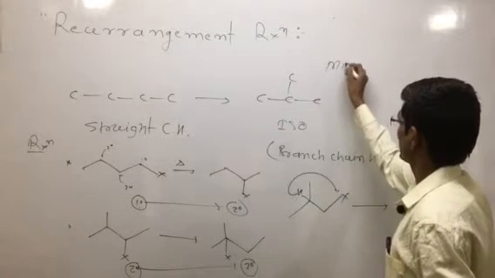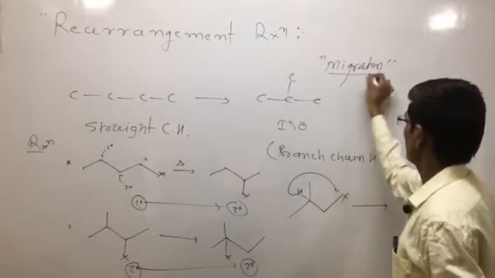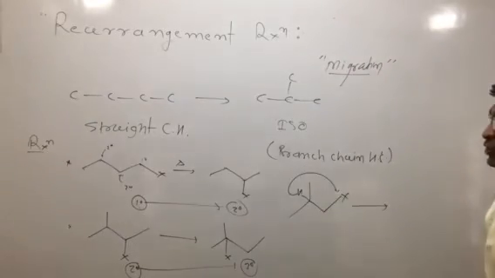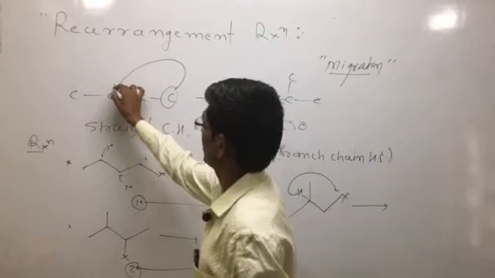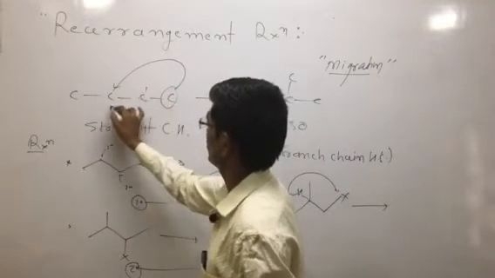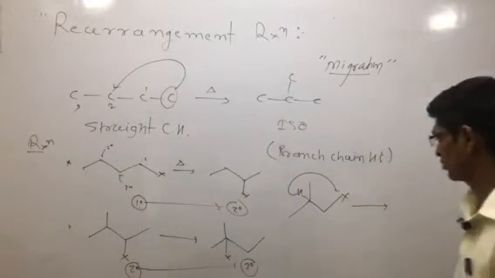We have this migration of an atom or group of atoms from one position to another position. Migration of one atom or group of atoms from one position to another position is called a rearrangement reaction.